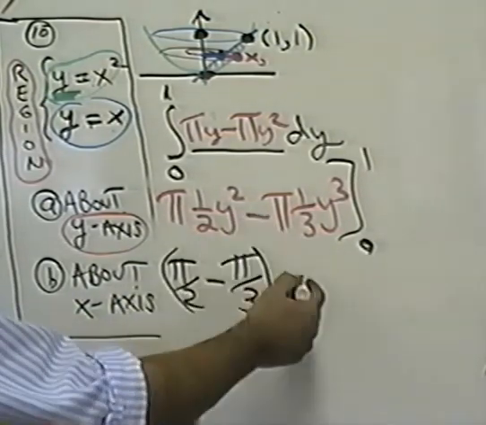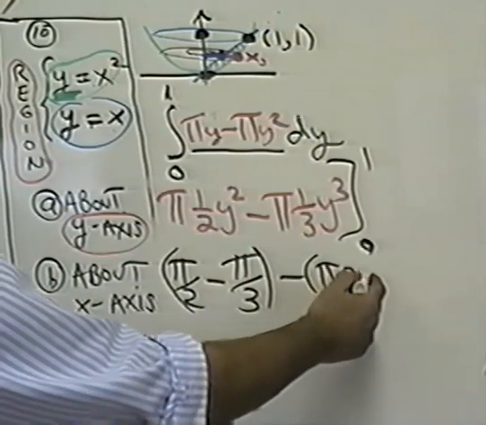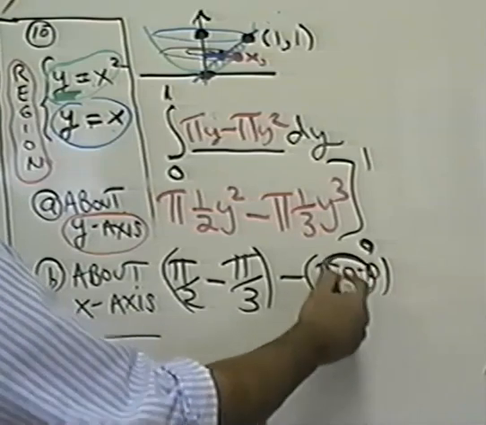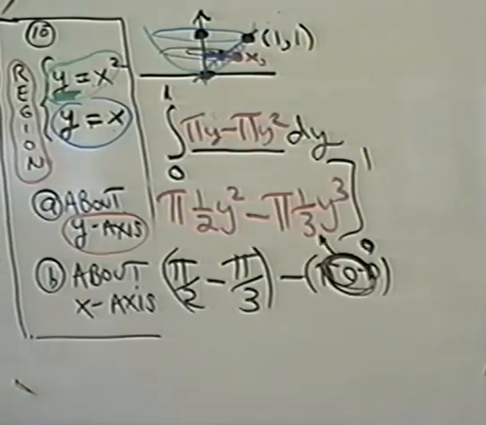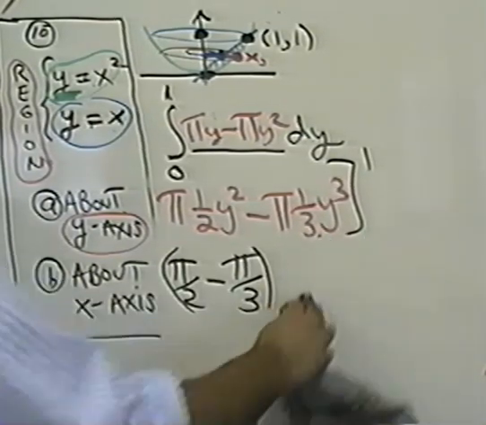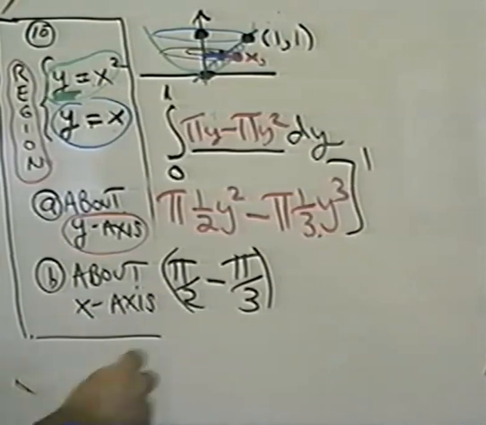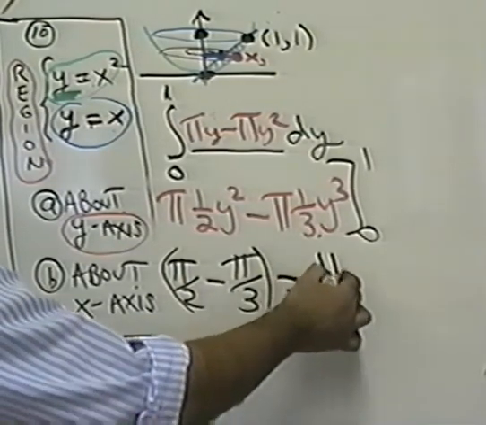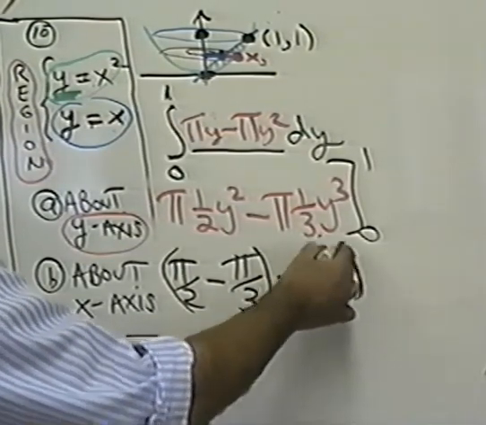We plug in 0, and I think you can see that this whole thing over here turns out to be 0, so that'll disappear. And pi over 2 minus pi over 3 is pi over 6.